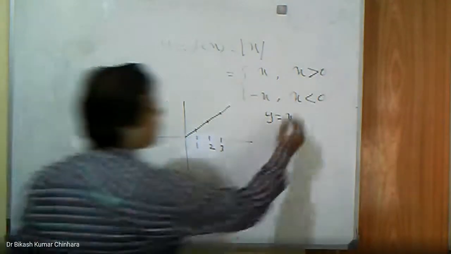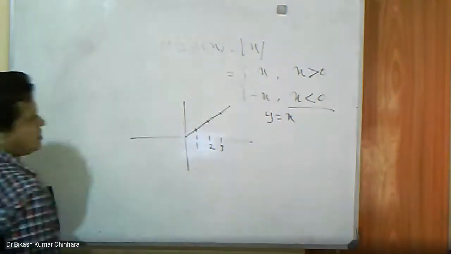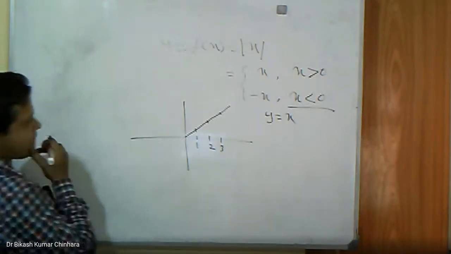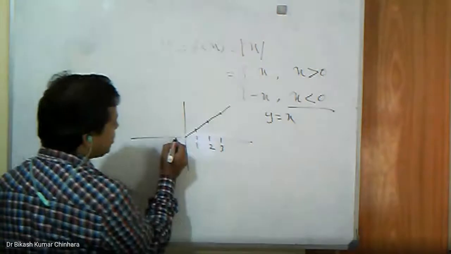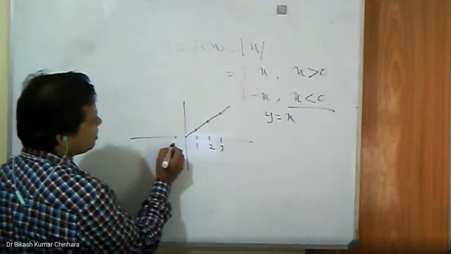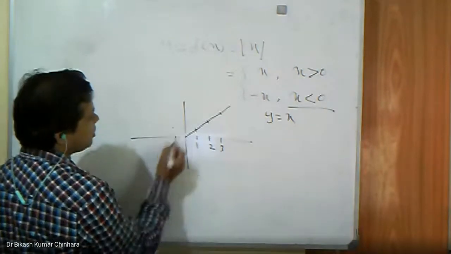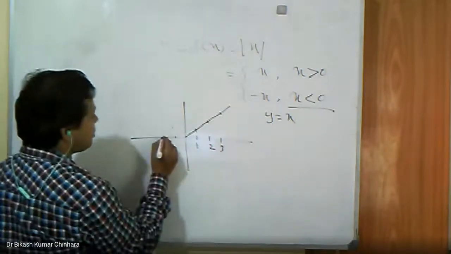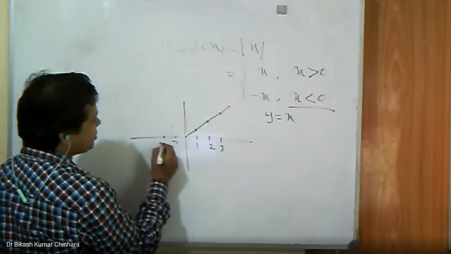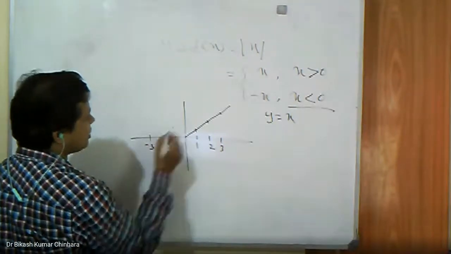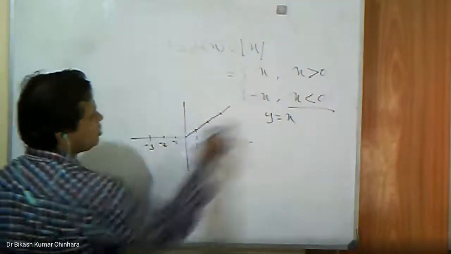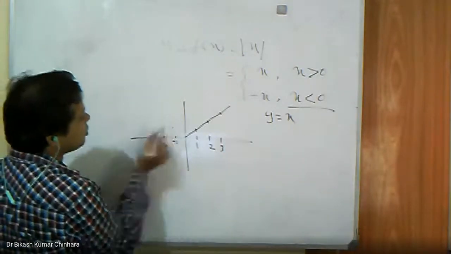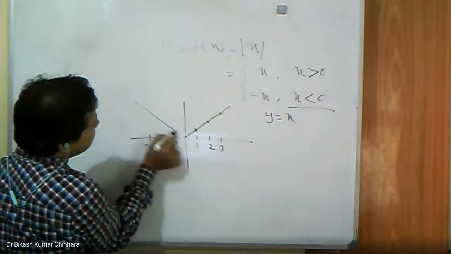And if you are considering x less than 0, then when you take x is equal to minus 1, its value is 1, because minus of minus 1 is 1. This is minus 1, this is minus 2, this is minus 3, like this. If it is minus 2, then minus of minus 2 is 2. So its value will be 2. So its graph will be like this.